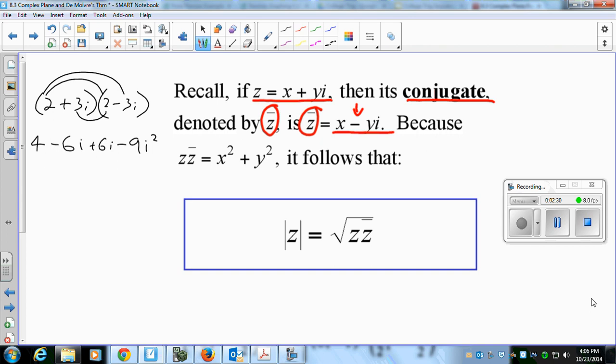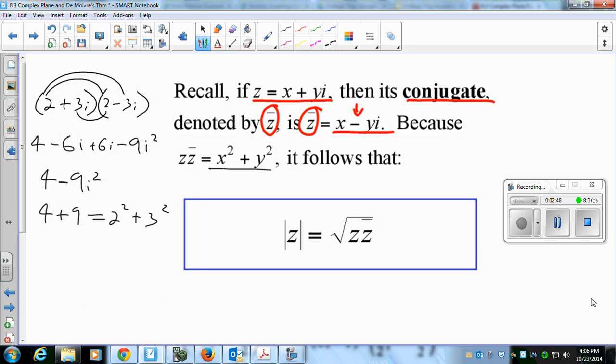Well, notice that the middle terms drop out, and we get 4 minus 9i squared. i squared is -1, so we get 4 plus 9. Well, this is just 2 squared plus 3 squared.